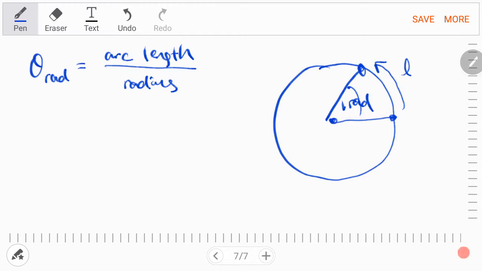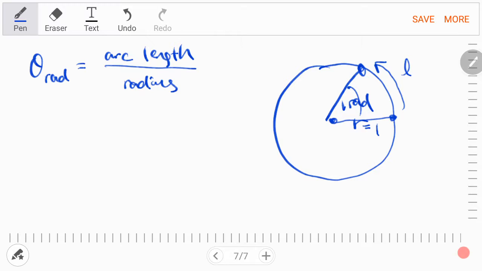Let's call that L, the arc length L. I know my radius is r, and I know that my angle is 1 radian. Let's say my r in this case is 1. How far did I walk? That's my L. How long is this arc so that I will make an angle of 1 radian?